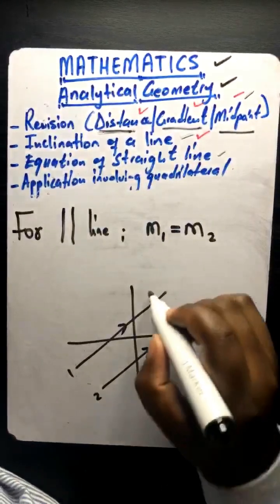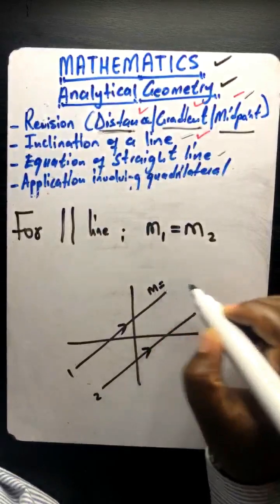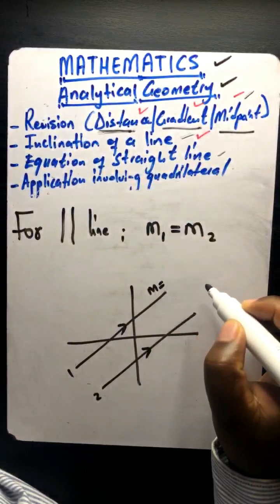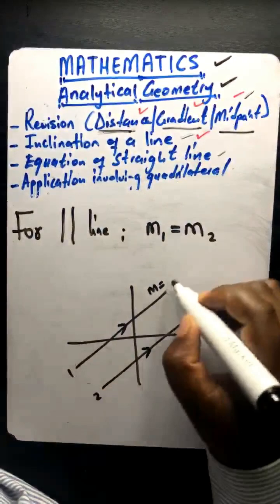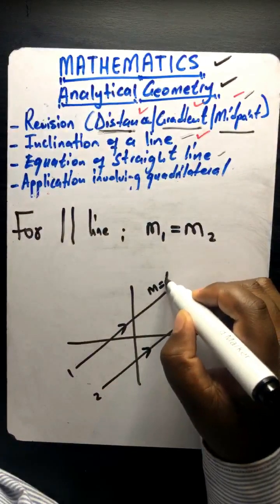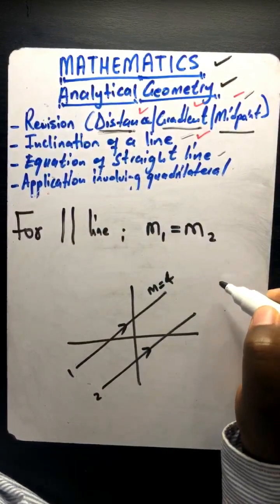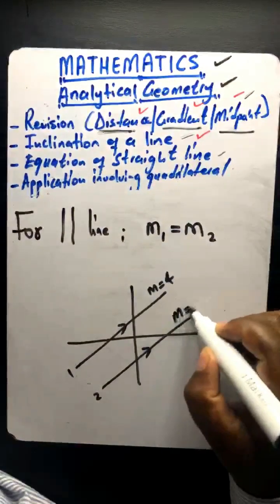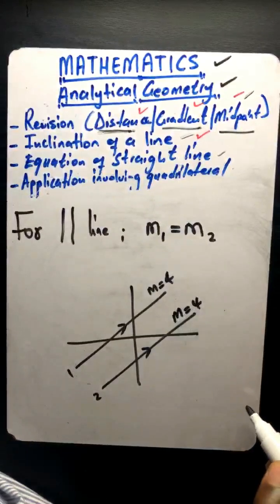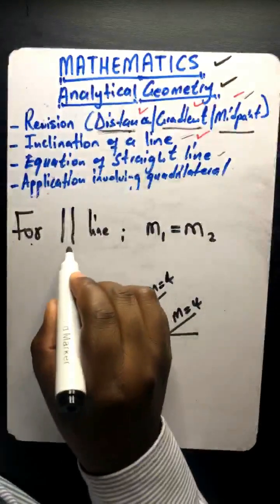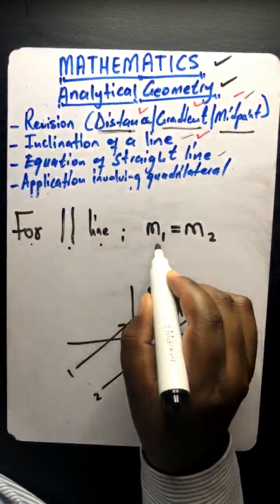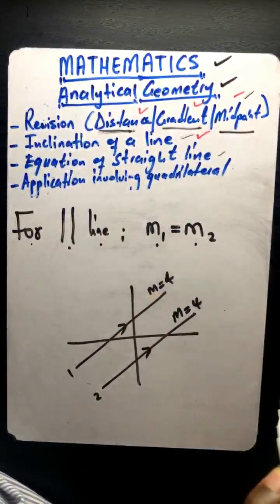If we already know the gradient of this line, is it positive or negative? Because it ends in the first and the third quadrant, it's going to be positive. Let's assume it to be positive 4. Automatically, it means the gradient of this line also is going to be equal to 4. Why? Because for parallel lines, the gradient of line 1 is equal to the gradient of line 2.